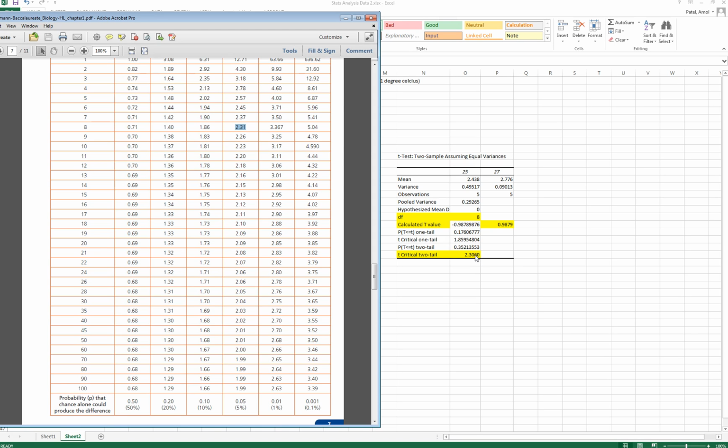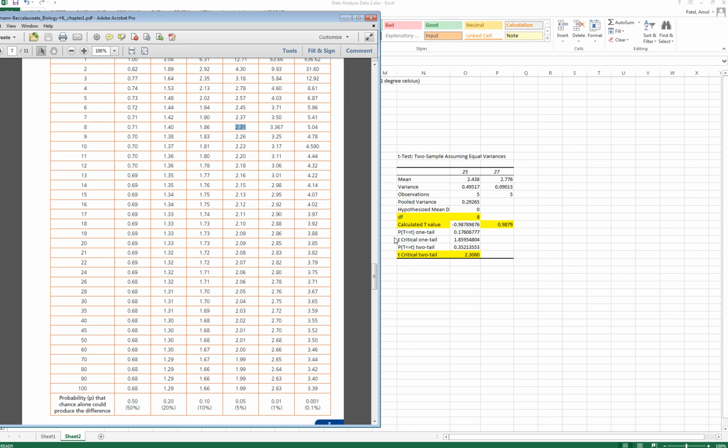And so in order to make this statement complete, what you would say is that at a 95% confidence level, because the calculated t-value is 0.9879, and the t-critical two-tail value is 2.31, or 2.3060, there's not a significant difference between 25 and 27 degrees Celsius for the increase in the mass of the potato.